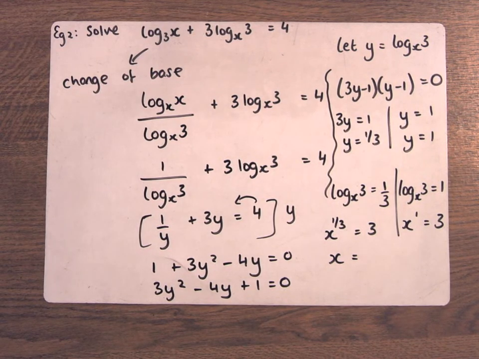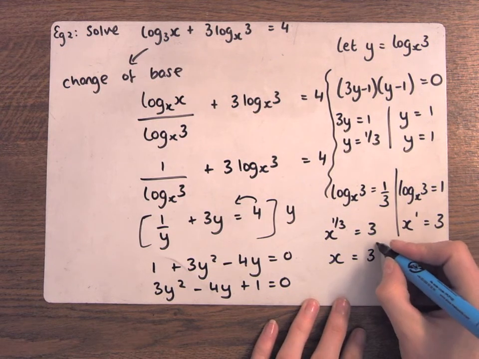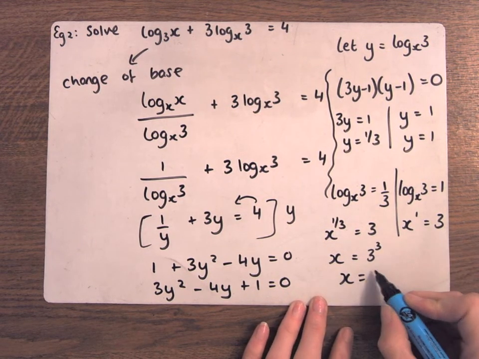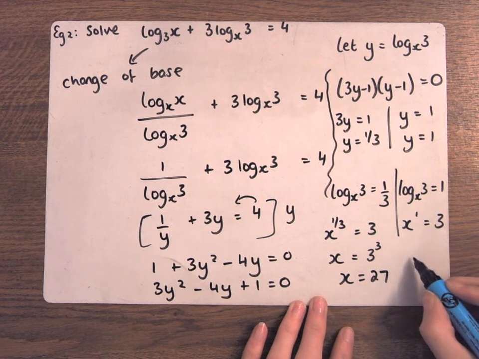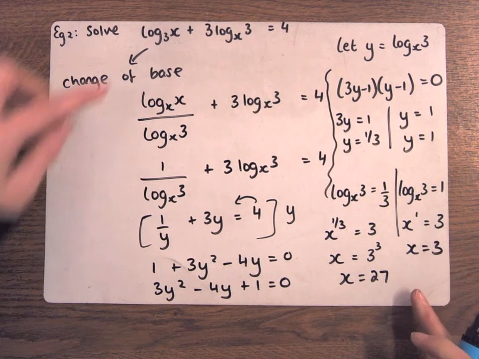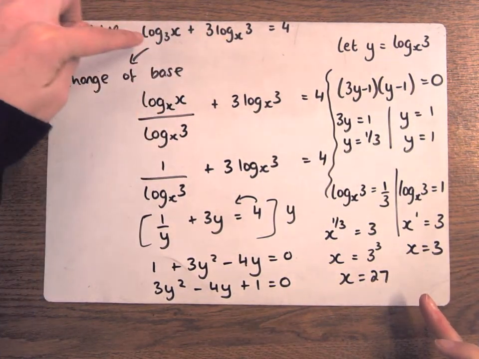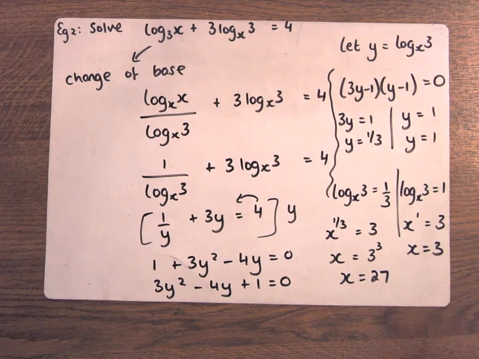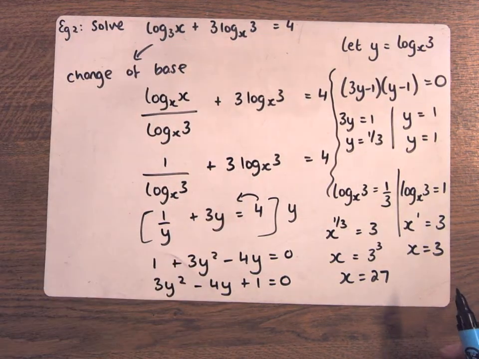Cube everything. If it was the square root of x, wouldn't I square both sides? I'm cubing both sides here. So x is 3 cubed. So x is 27 or x is 3. Now if I put 27 in either of those, I'm fine. And if I put 3 in either of those, I'm fine, because I don't get the log of a minus number. Alright?